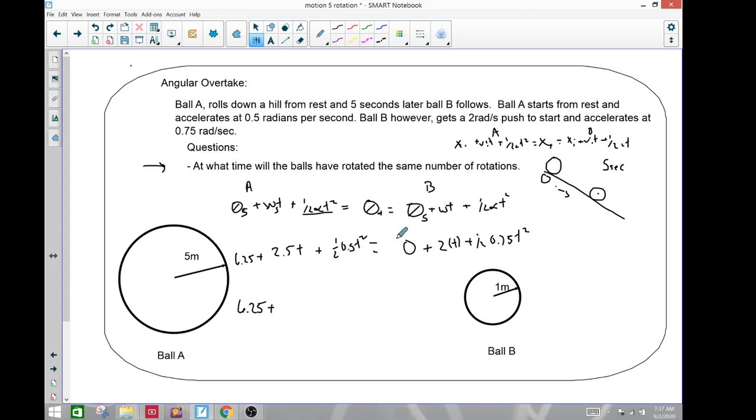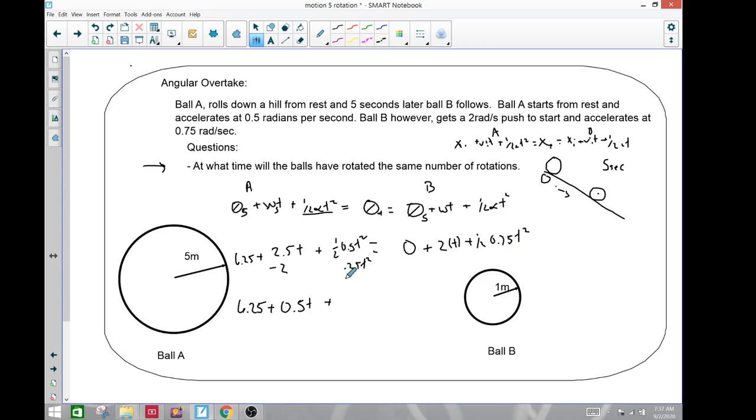Subtract over the 2, so minus 0.5t. And then plus, this one is half of that, so 0.25 t squared. And this one, half of 0.75, is 0.375.